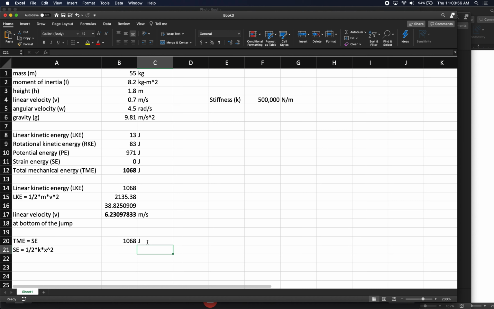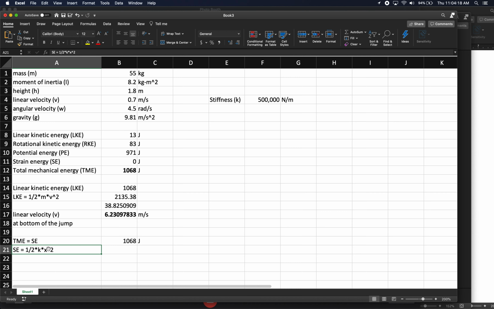So we're asked to solve for how much the mat deforms when she lands on it, which is basically asking us to solve for x, the deformation of the mat. We can do that by recognizing that the left-hand side of this equation is equal to 1,068, and k is equal to the 500,000 that we were given.